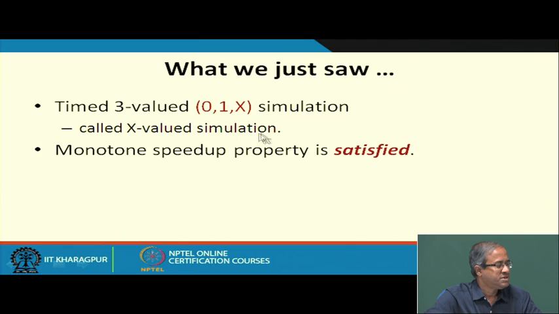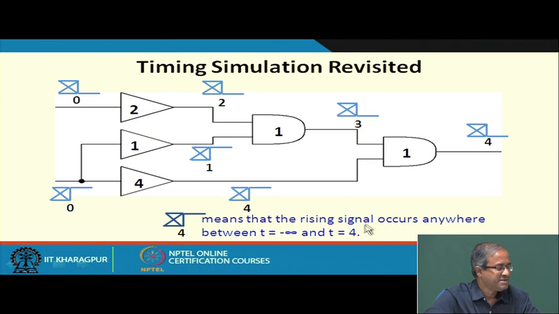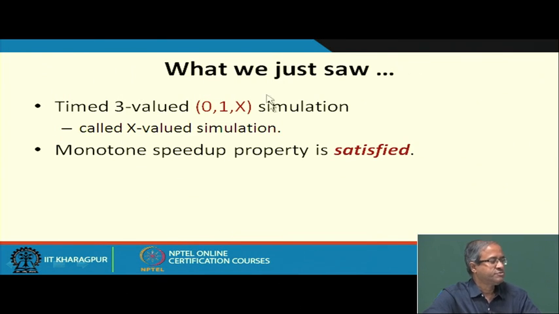This is referred to as timed 3 valued simulation, where instead of 0 and 1 you have an additional state called x, whose interpretation we have already seen here. It means that the signal transition can take place anywhere before this time, not exactly at this time. So, with this modification the monotone speed up property is satisfied. This is the good thing.